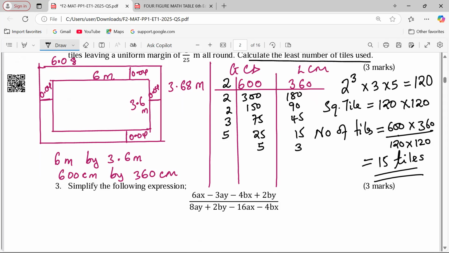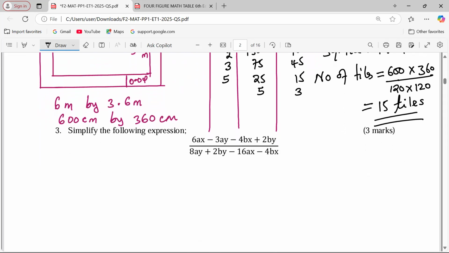You can also get the same number of tiles, which is 15 tiles, when you talk about the length here, where we are having 600, and the length of a tile is 120. So 5 of them shall fit along the length. Then along the width, whereby we are having 360, we need to divide by 120 so that you get 3 of them.